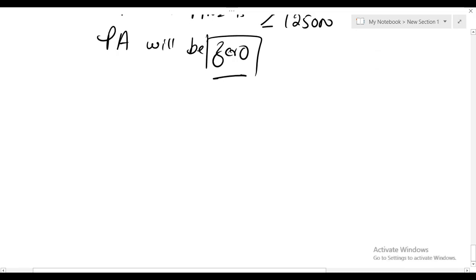Now what is this gross PPC? Actually, in UK, there are 2 pension plans. One is occupational pension plan. We are going to study that also. For example, if you are working in any organization and your employer runs the pension plan and you contribute in that plan, that is called occupational pension plan.